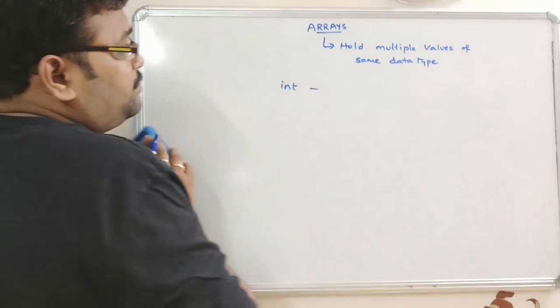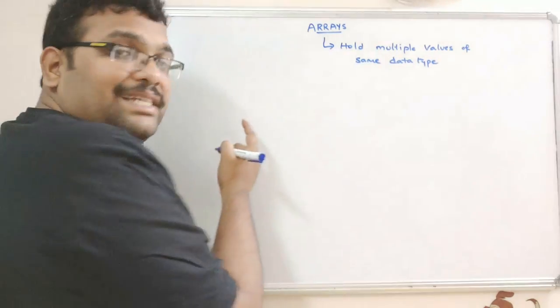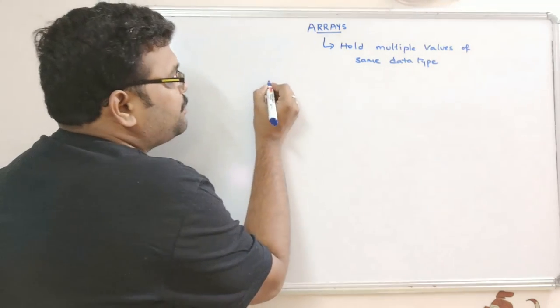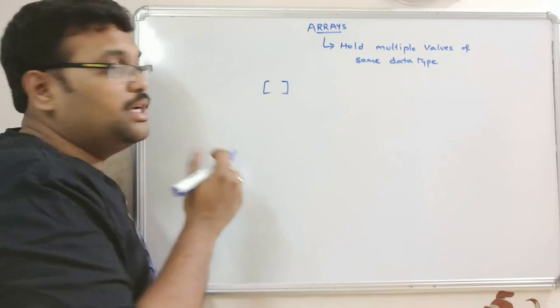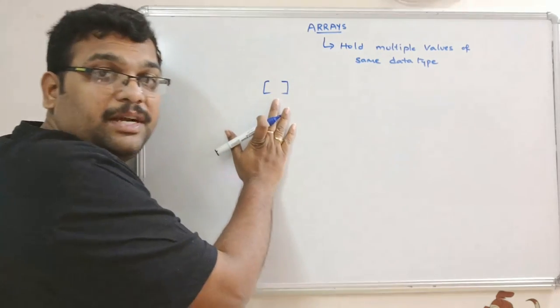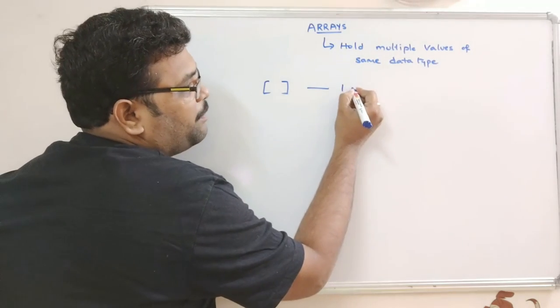So here the array is represented in terms of subscripts. So how many dimensions can we use? If only one subscript is used, that is nothing but a one-dimensional array.